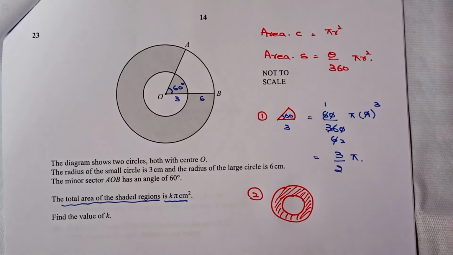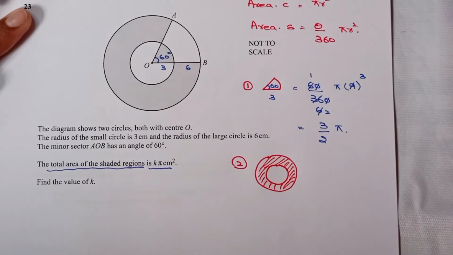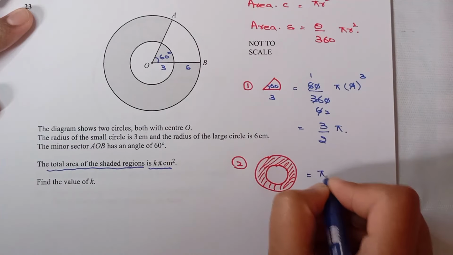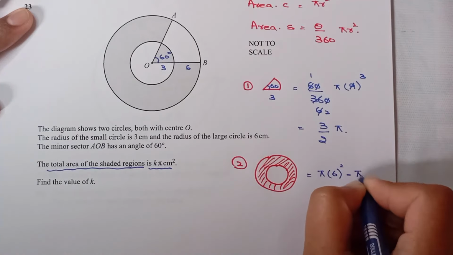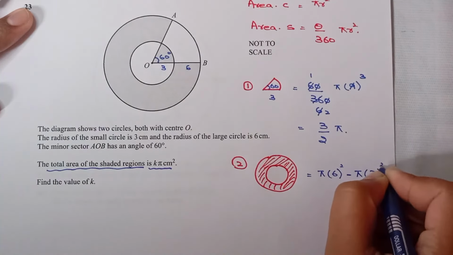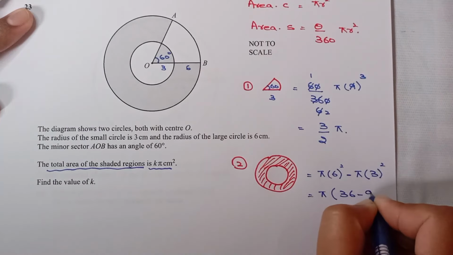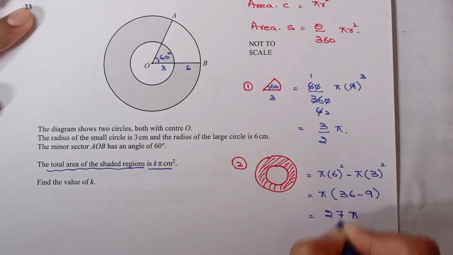The area of the larger circle is pi r square, pi times 6 square, minus the smaller is pi times 3 square. So pi is common, 6 square is 36 and 3 square is 9. 36 subtract 9 is 27 pi, right?